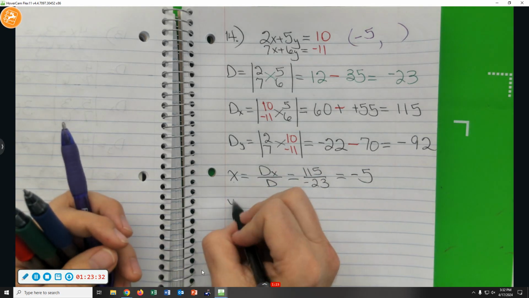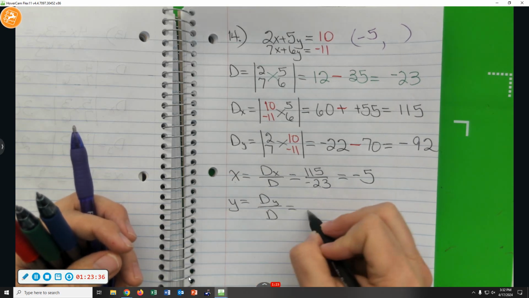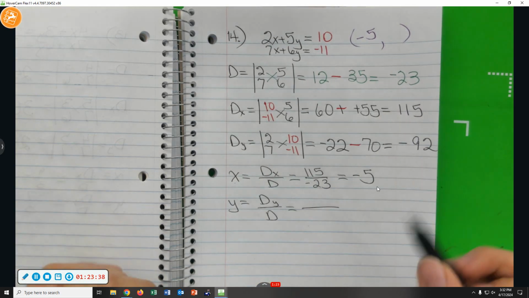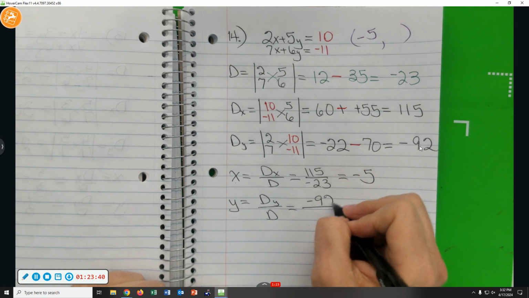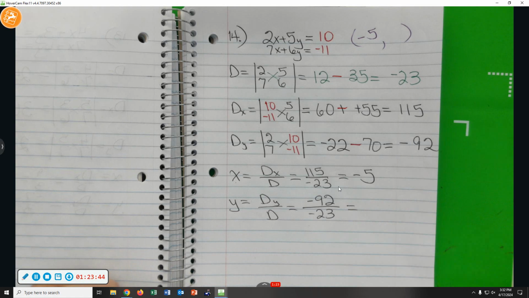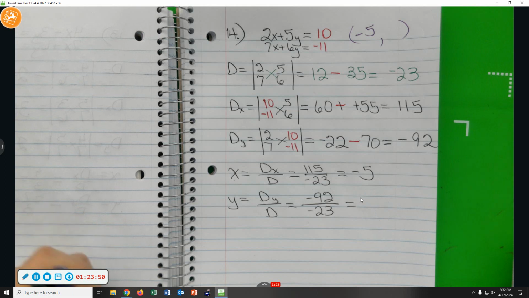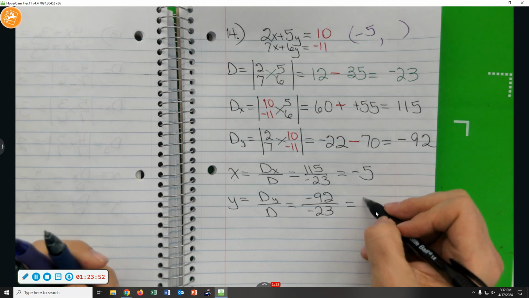Now Y. Y is D sub Y divided by D. D sub Y was the negative 92 all over negative 23. Negative 92 divided by negative 23 goes in very nicely to give me a positive 4.